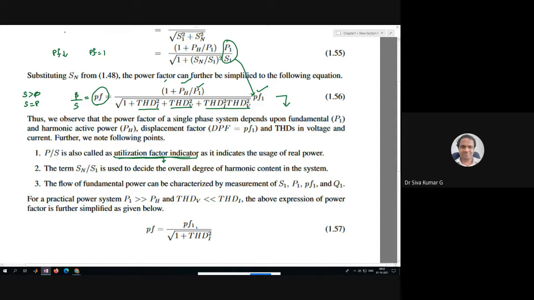That is, when S is equal to P, you get a power factor of 1, and we are utilizing it effectively. When your power factor is low, we are underutilizing the source. That's what the power factor is: a utilization factor indicator, which indicates the usage of the real power.